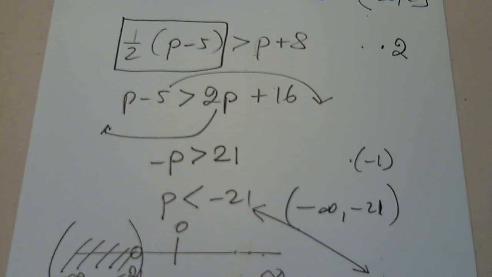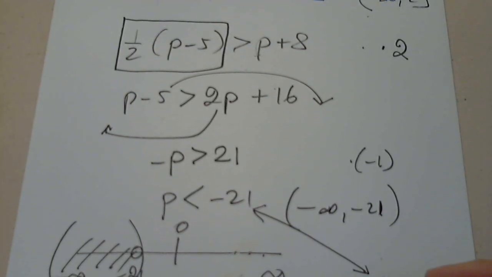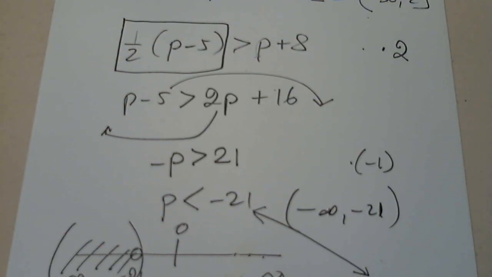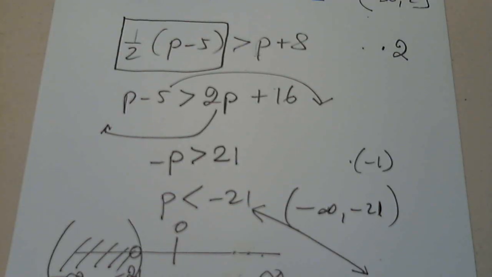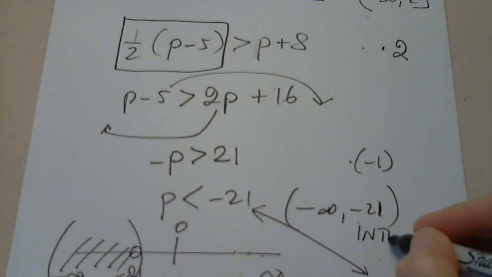It's the same inequality with the bar saying it's all values of p having the property such as p is less than negative 21. Good. When you put it in the parentheses, negative infinity, negative 21, that's just inequality notation? This is the interval. Interval notation.